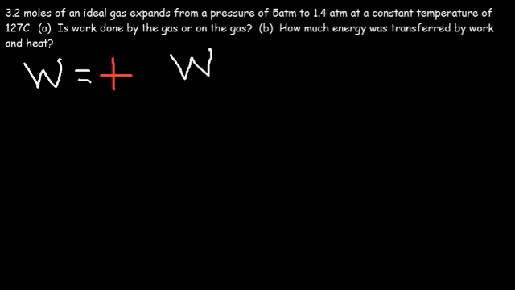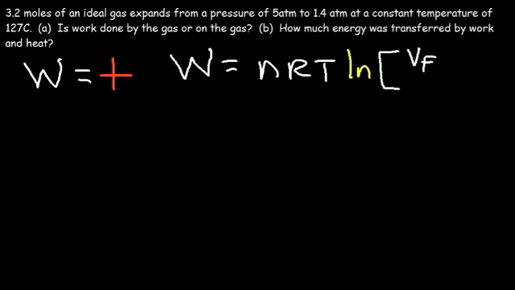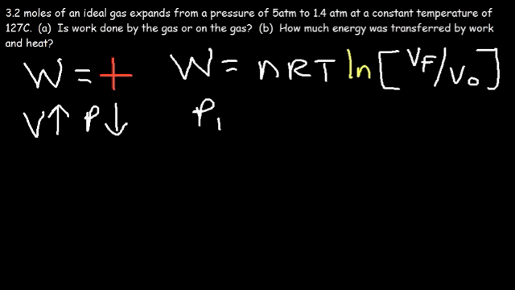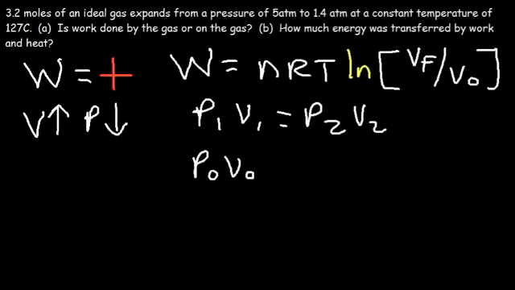Well, let's start with this equation. W is equal to nRT, natural log V final divided by V initial. For an isothermal process, since temperature is constant, whenever you increase the volume, the pressure will decrease. According to Boyle's law, P1 V1 is equal to P2 V2. So we could say P initial times V initial is equal to P final times V final.